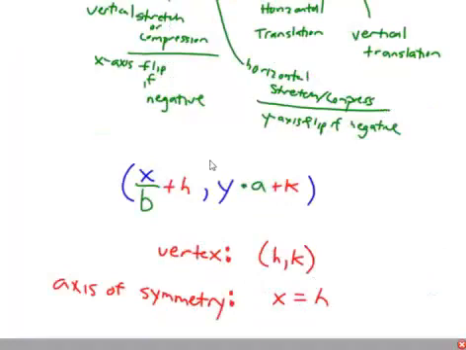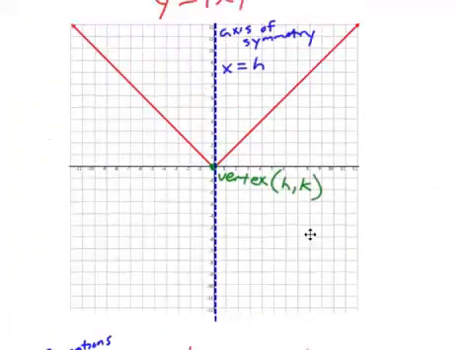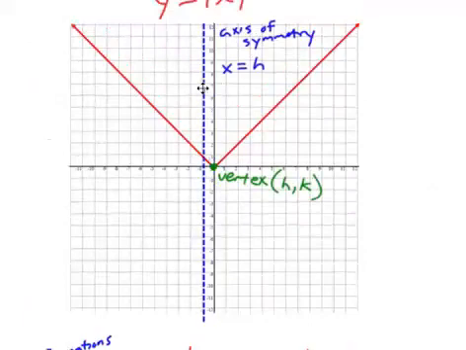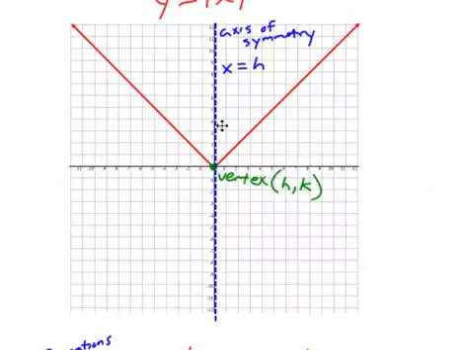That axis of symmetry is going to be at x equals h. So if h is 2, it would be at x equals 2. You should have learned already that any equation that just has an x, x equals a number, where there is no y, is going to be a vertical line. So notice how, as notated by this vertical line, absolute value functions have vertical symmetry.